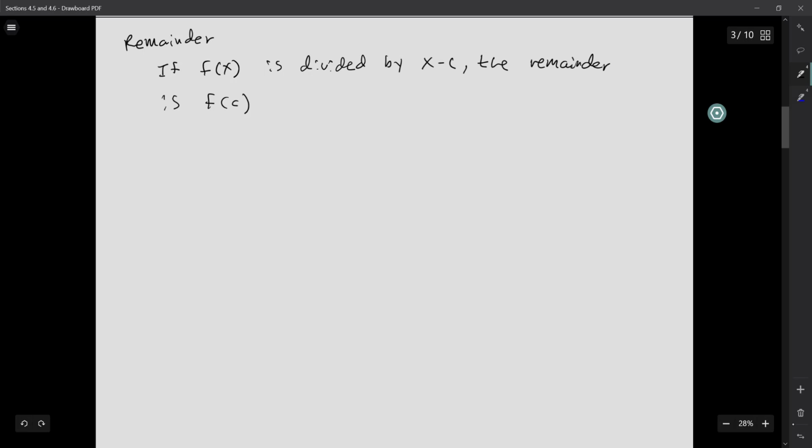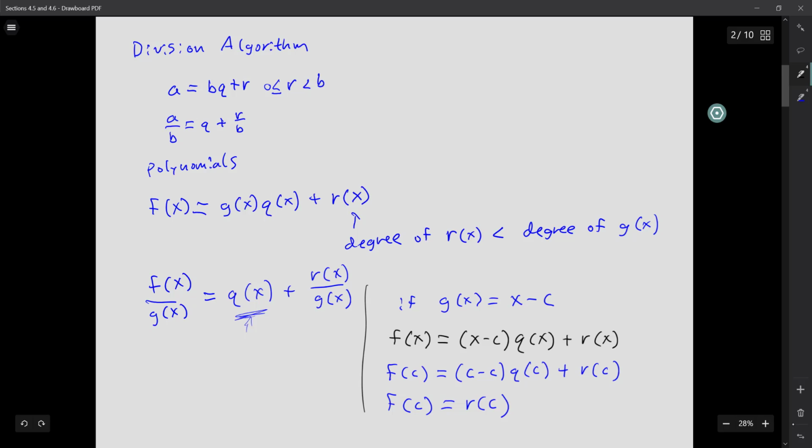This goes back up to here because my remainder has to be strictly less than the degree of what I'm dividing by. So if I'm dividing by a degree 1 polynomial, this guy has to be constant. It has to be just a number.